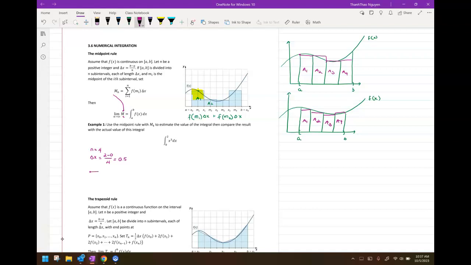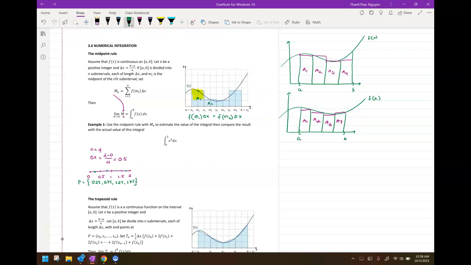So here is our interval from 0 to 2. If delta x equals 0.5, then each of these points is 0.5, 1, 1.5. Then the midpoints we are using are 0.25, 0.75, 1.25, and 1.75. So these are the collection of x values that we will be using.